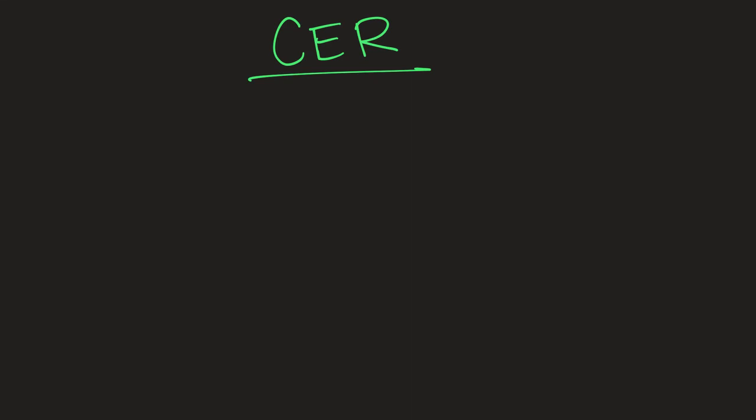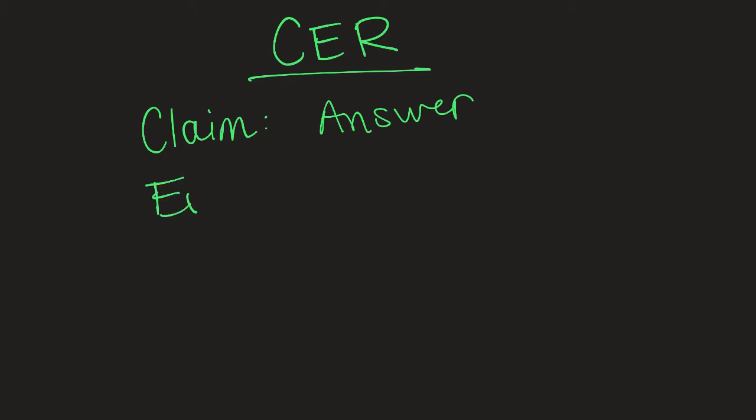Okay, so with all this information that you got today, remember for this unit, your grade is going to come from writing your claim, evidence, reasoning. So your claim is going to be the answer to the question, can sweetener be used to make rock candy? So you're going to answer that question in your claim. Then you're going to present your evidence.